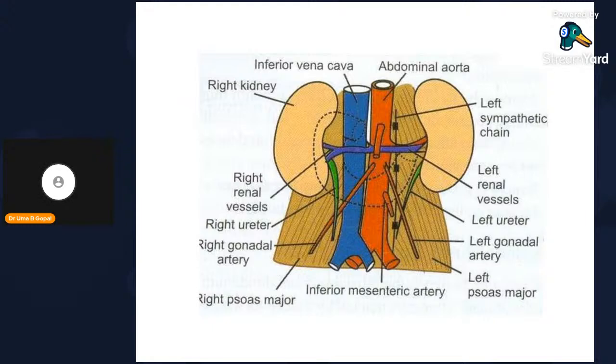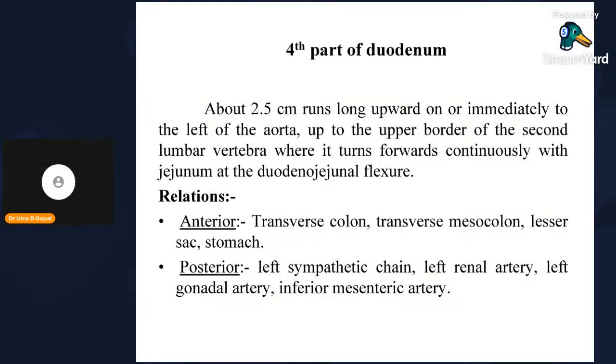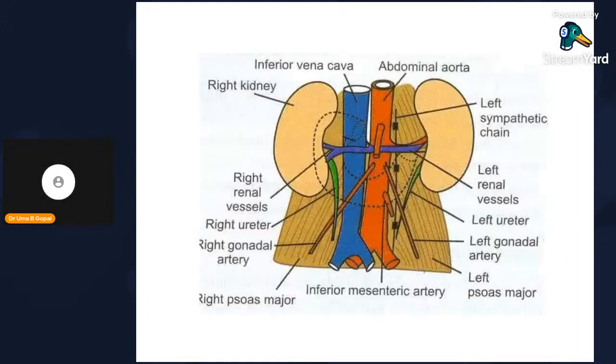And you can also see the renal vessels passing to the right and left, right renal and left renal, to reach the hilus of the kidney. So the superior mesenteric artery passes anterior, but the gonadal artery passes posterior to it.